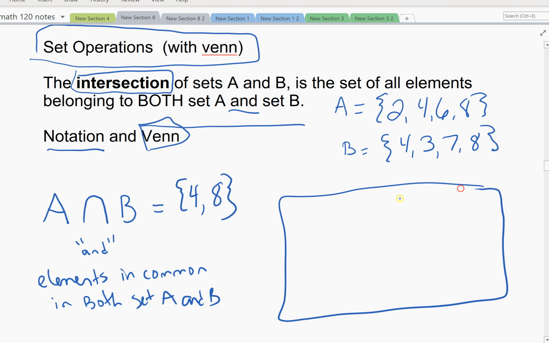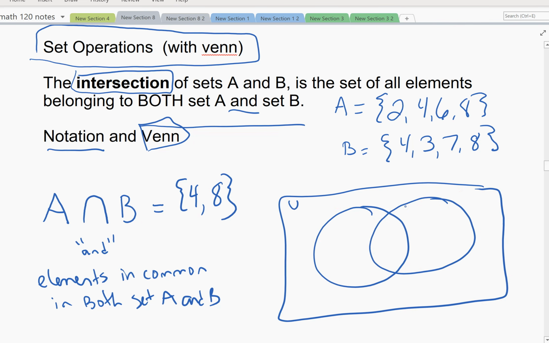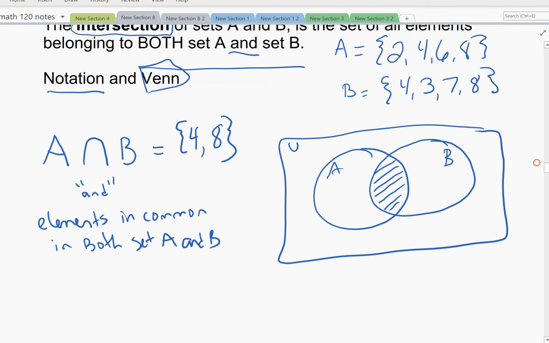So drawing the same picture, there's my universal, there's my circle A, there's my circle B. And so that area for A and B, this intersection, is this region here. That region where A and B overlap. That's my A and B region.